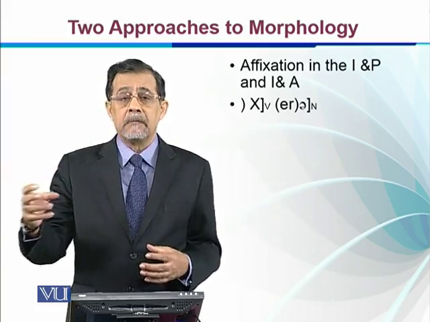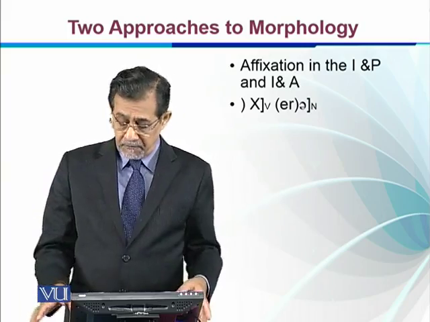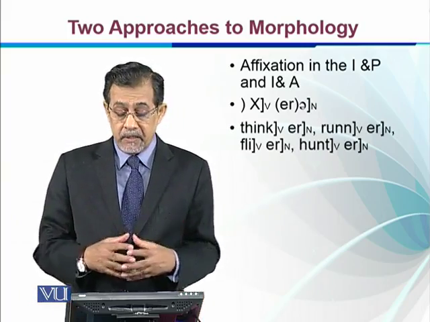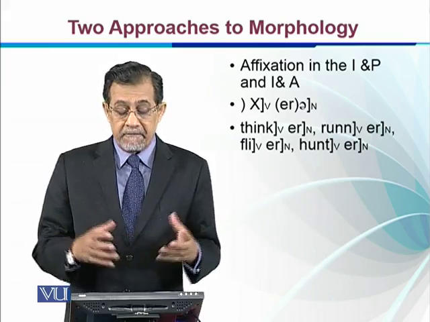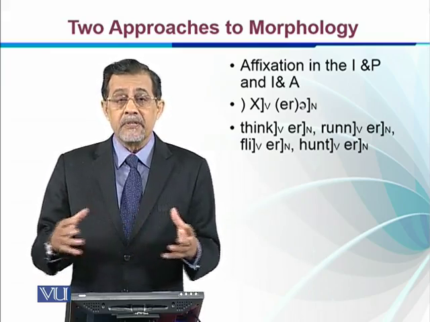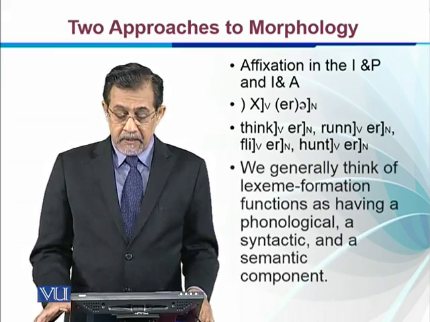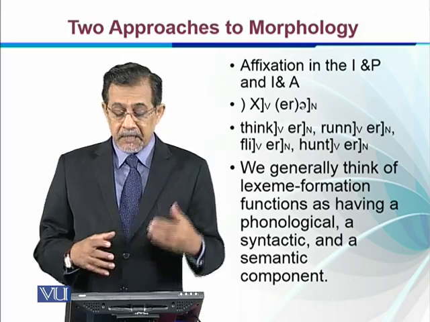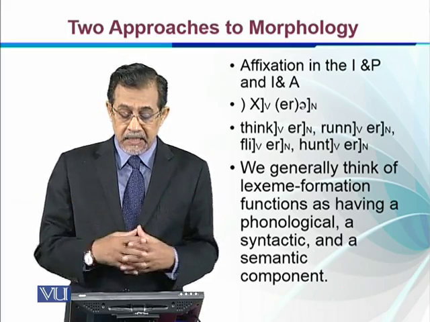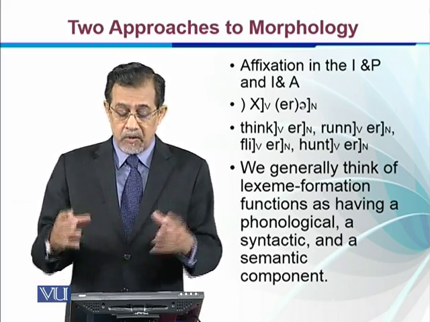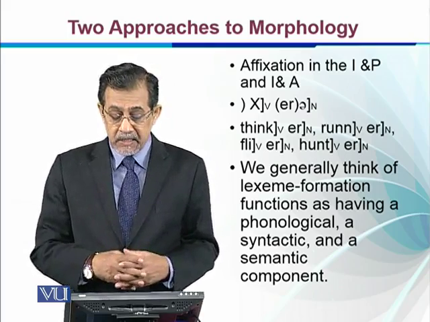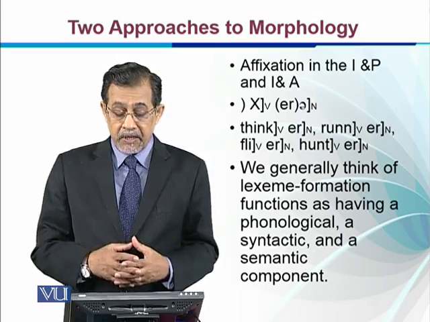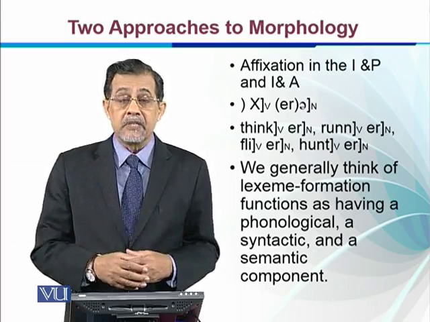If we have think, we add er and we get thinker; run, runner; fly, flyer; hunt, hunter. We generally think of a lexeme formation function as having phonological, syntactic, and semantic components.